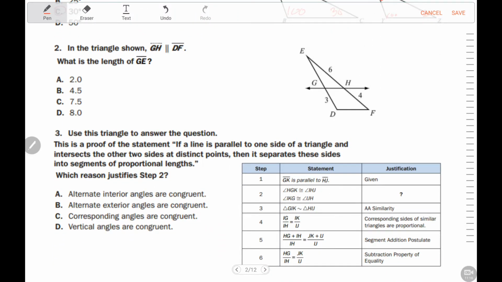In the triangle shown, GH is parallel to DF. What's the length of GE? Oh, ratios. Just think. So you have 6 to 4, and you want the length of GE, so you want this length here. So I did 6 to 4, so I need to do something to 3.